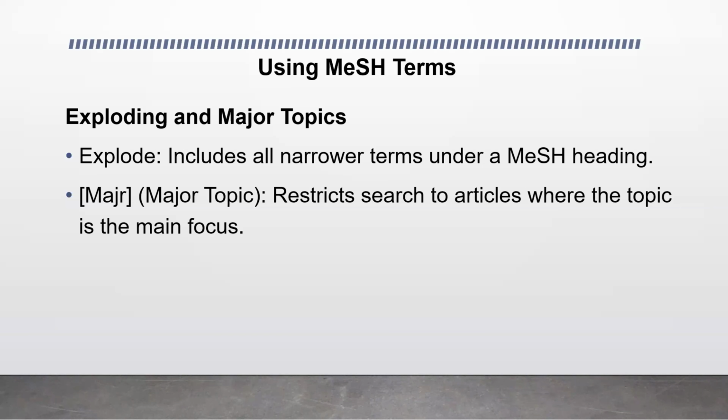But you can decide to restrict your search by choosing major topic. This restricts the search to articles where the topic is the main focus. This is for when you want to avoid the exploding, because it is done automatically in PubMed.